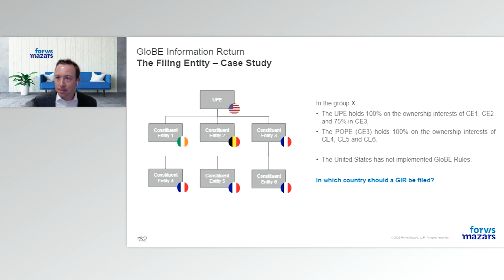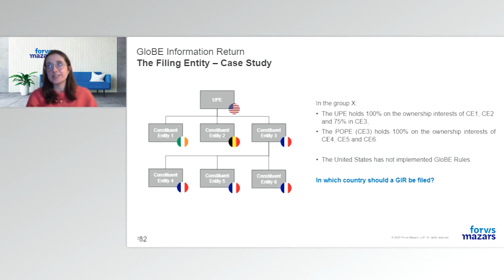And looking at the questions in the Q&A section, the question is whether each constituent entity has to file the GloBE information return. So generally, yes, it's Article 8.1 of the OECD model rules.